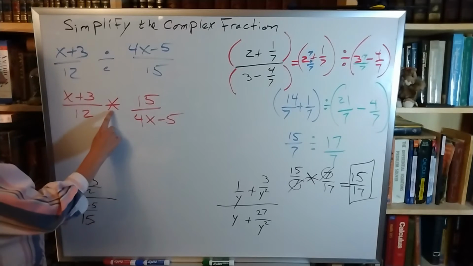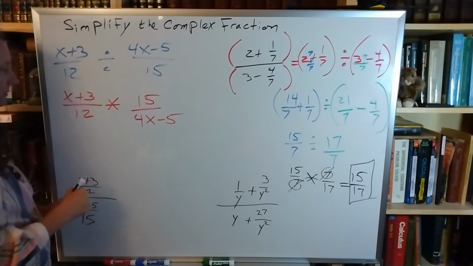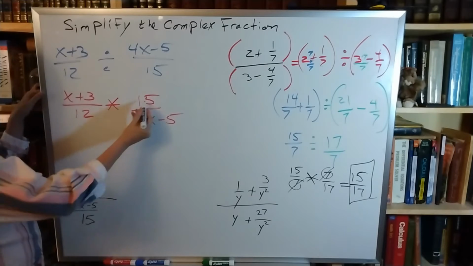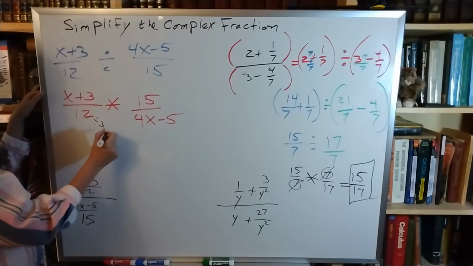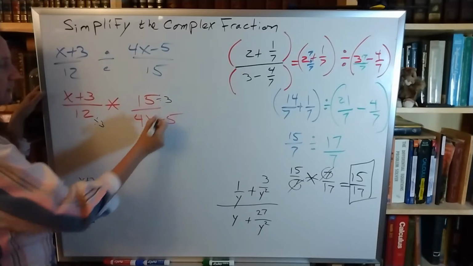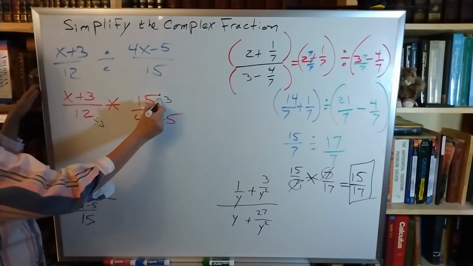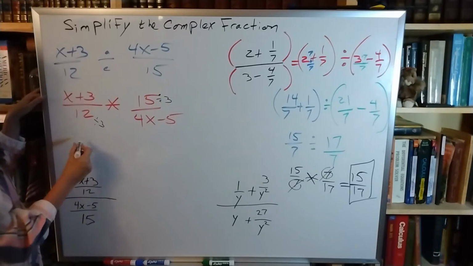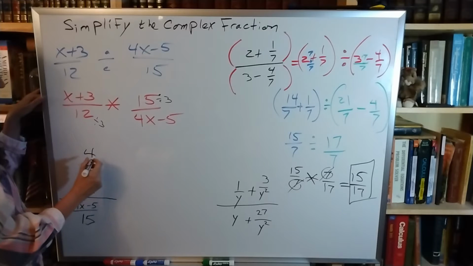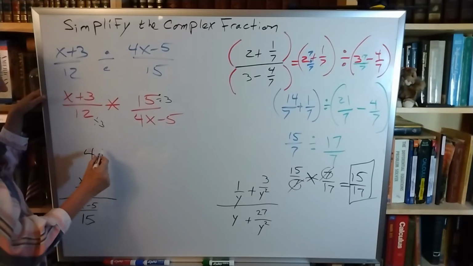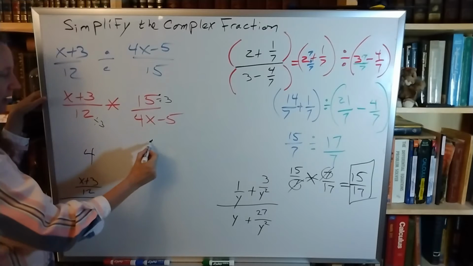Now I can check to see what I can reduce. 12 and 15 can both be divided by 3. That gives me a 4 on the bottom, and it gives me a 5 on the top here.